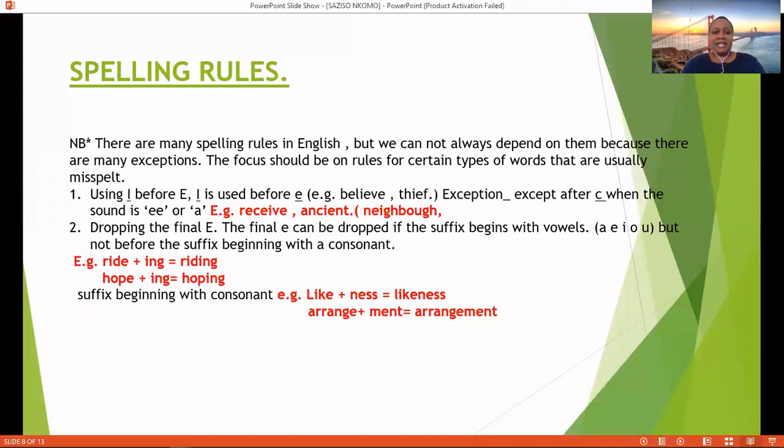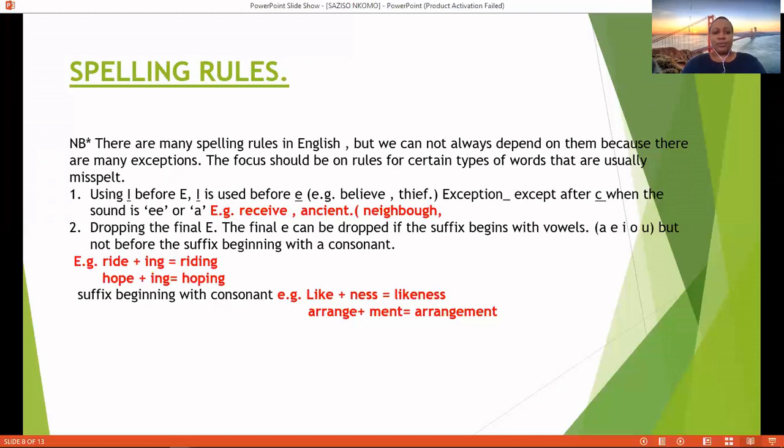In this case, then, E comes before I. Right. And then, of course, ancient will fall under the other side there. Then we have exceptions, of course, such words as neighbor. Neighbor also, you will see that your E will come before your I. Note the spelling rule, I comes before E. But check your exceptions.